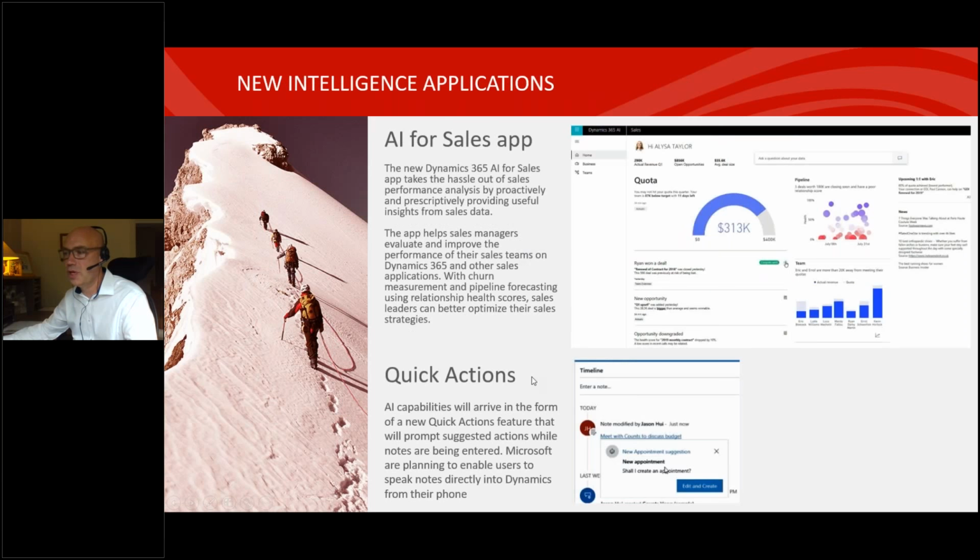The second point on this slide is exactly talking about what we might describe as digital assistants. But the top slide refers to the AI sales app that we're going to be getting in Dynamics shortly. And what this is, again, is another case of it scanning the data.